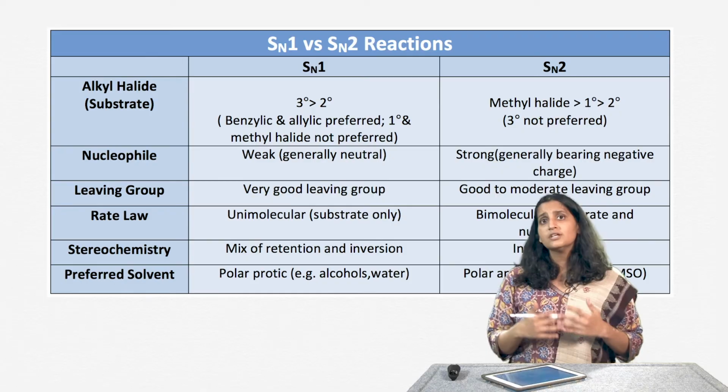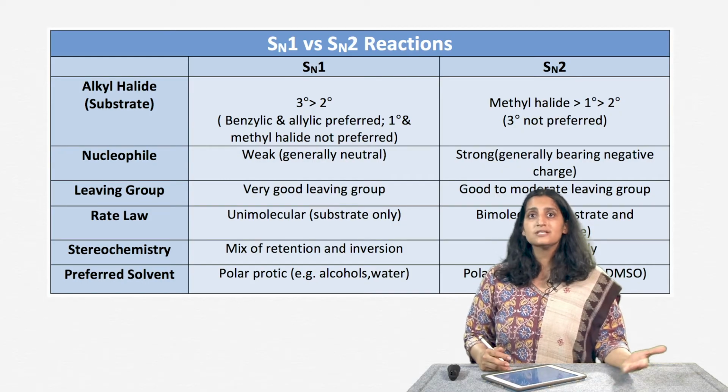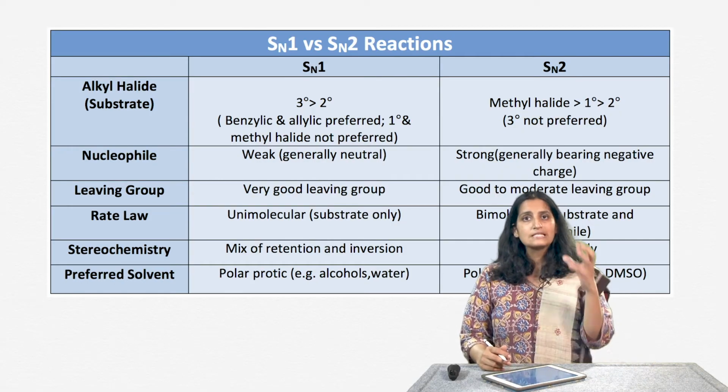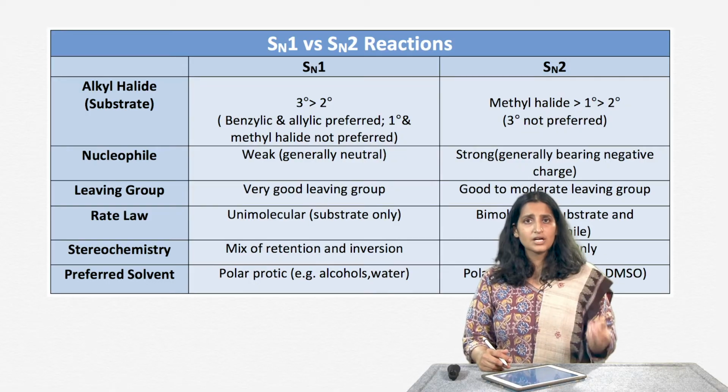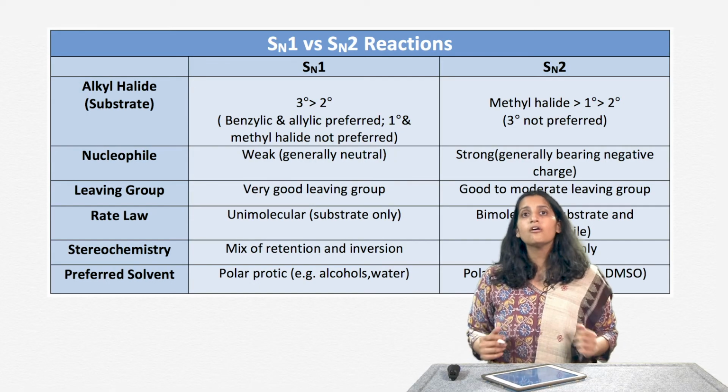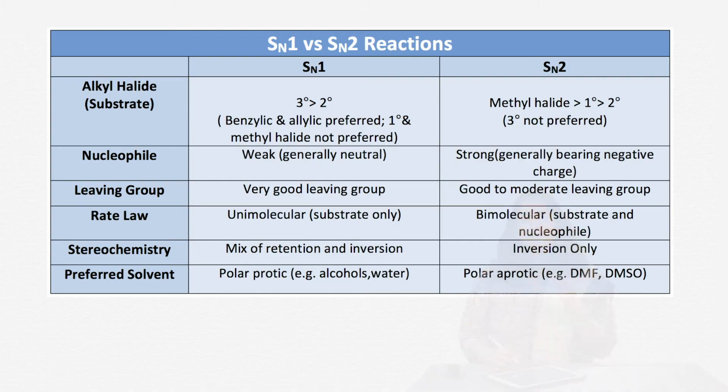The rate equation in the case of an SN1 reaction is a unimolecular rate equation, such that the rate of the reaction just depends on the concentration of the substrate, whereas in the case of an SN2 reaction the rate depends on the concentration of the substrate as well as the concentration of the nucleophile. So, it is a bimolecular reaction in the case of SN2 reactions.